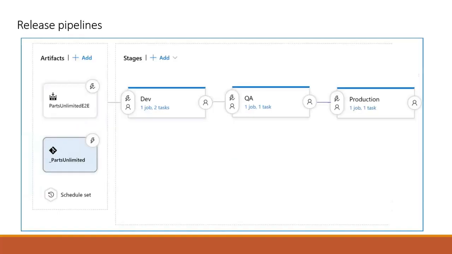The release pipeline will look something like this: dev, QA, and production. These are different stages. Every stage has one job inside it, and the job includes two tasks. In one of the stages, QA, there is only one task. So this is the way we will have the release pipeline. So we'll go and have the demo.